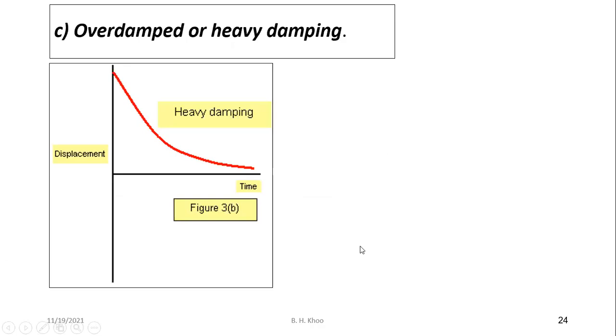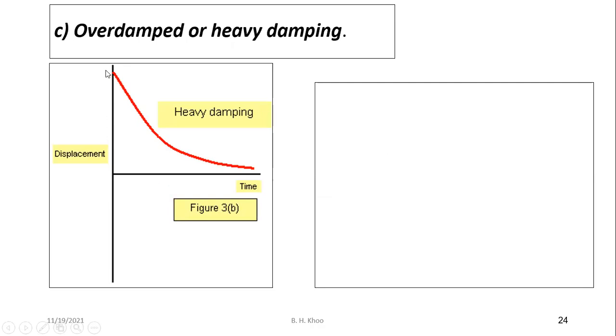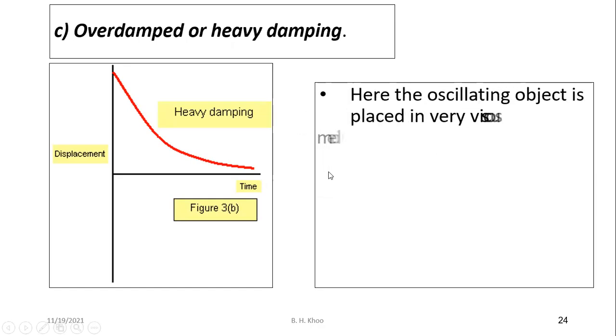Then the other one is heavy damping or overdamping. It's displaced, and that's your time, so it starts to decrease and takes a long time to go back to zero. Here the oscillating object is placed in a viscous medium. That means a lot of friction, a lot of resistance to motion.